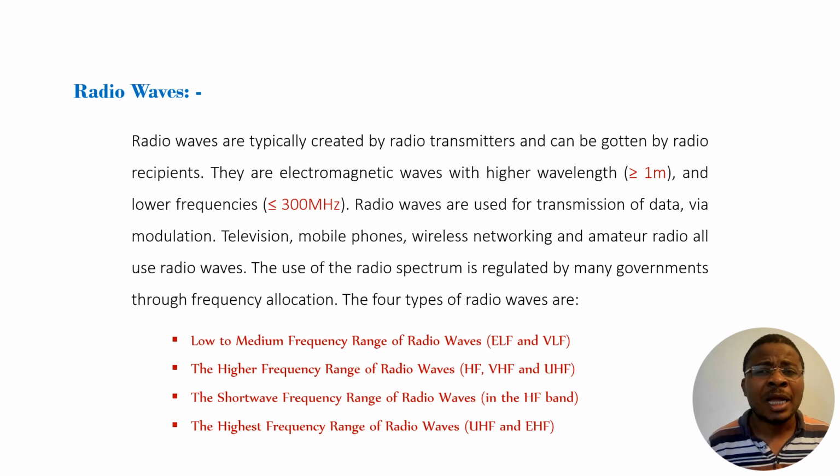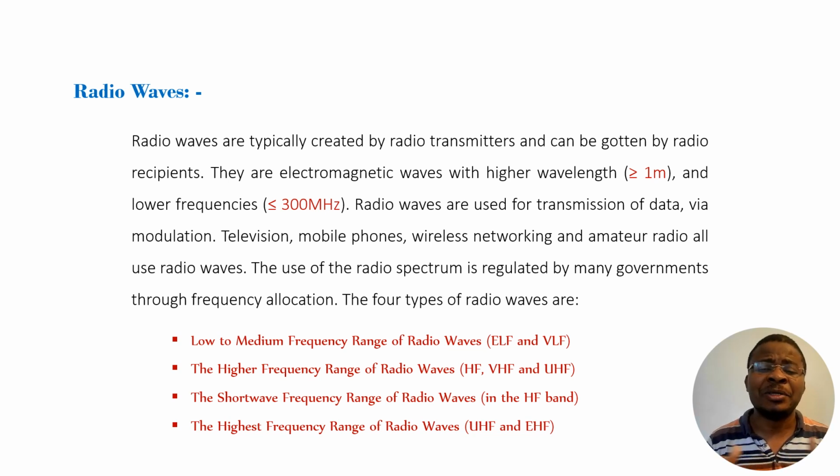Now we're going to look at each of the components of the electromagnetic spectrum, starting with the radio waves. The radio waves are typically created by radio transmitters and can be received by radio receivers. They are electromagnetic waves with longer wavelengths, often greater than 1 meter, and lower frequencies, often less than 300 megahertz.